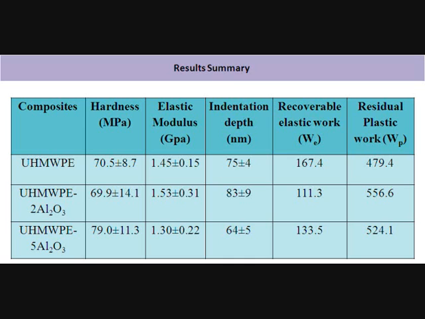These results show that ultra-high molecular weight polyethylene plus 5 weight% alumina composites show better mechanical properties than ultra-high molecular weight polyethylene, and also that ultra-high molecular weight polyethylene plus 2 weight% alumina is inferior to ultra-high molecular weight polyethylene alone. Also, addition of a larger amount of alumina increases the mechanical properties while a smaller amount does not.